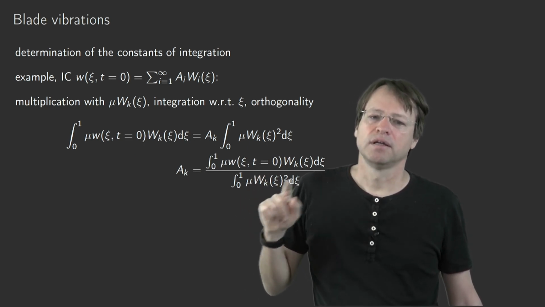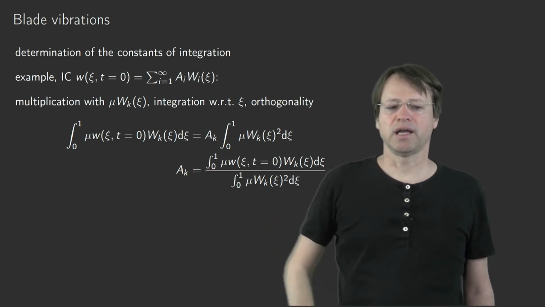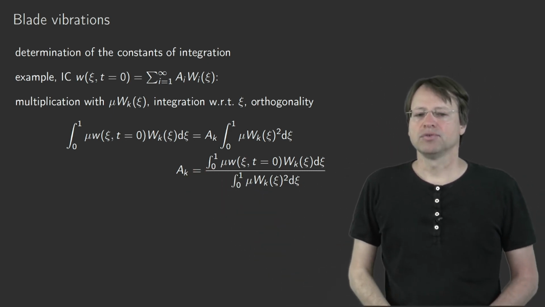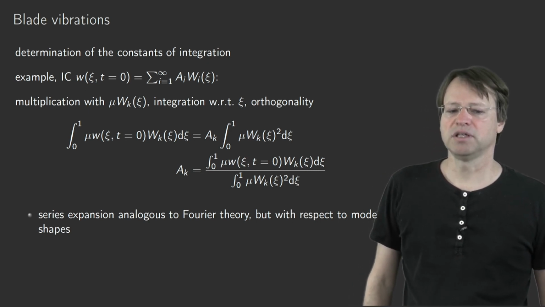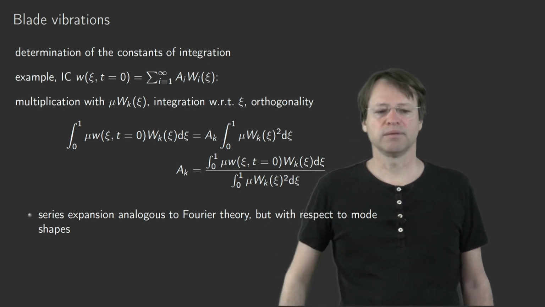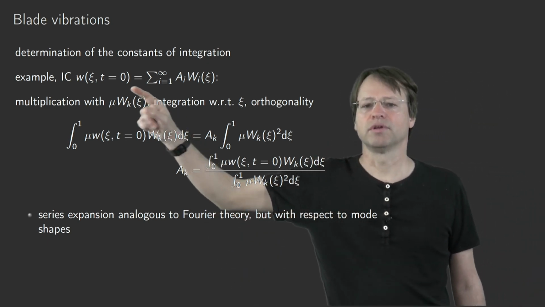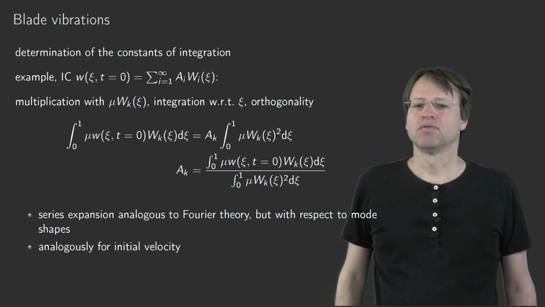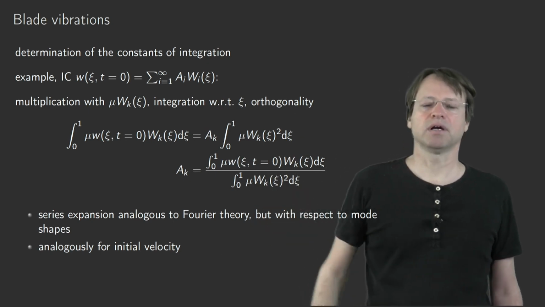And finally, this ratio of these two integrals will be your a sub k. So you see that this is a series expansion that is completely analogous to Fourier theory, but with respect to mode shapes, and it works analogously not only for the displacement, but also for the initial velocities, which would allow you to determine the b sub i's.